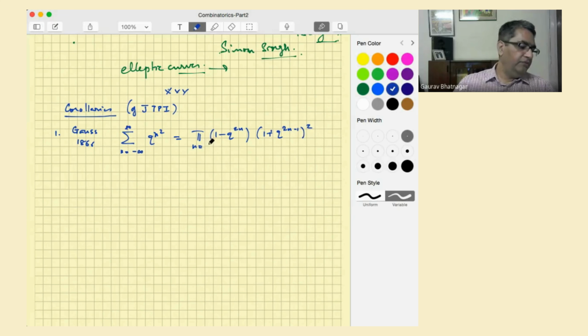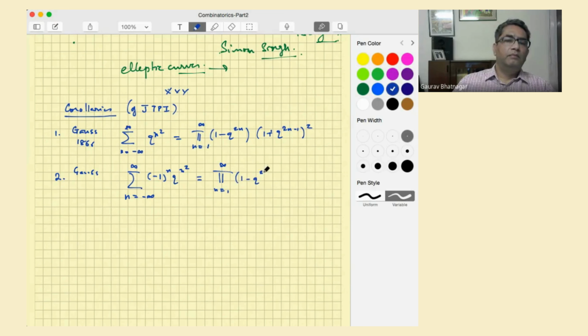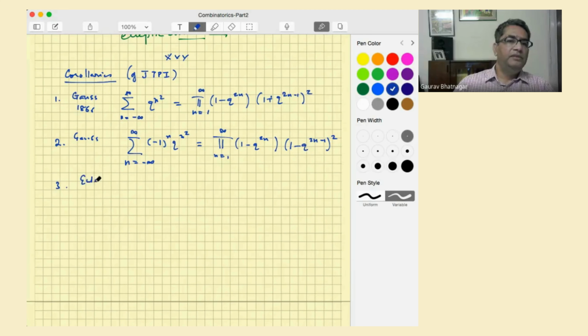and n is going from 1 to infinity, again due to Gauss. Number 3, we already know this. This is Euler's pentagonal number theorem. That's also a corollary. This was 1740s.